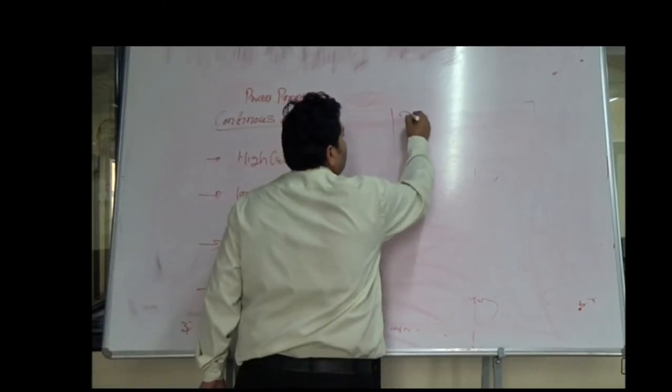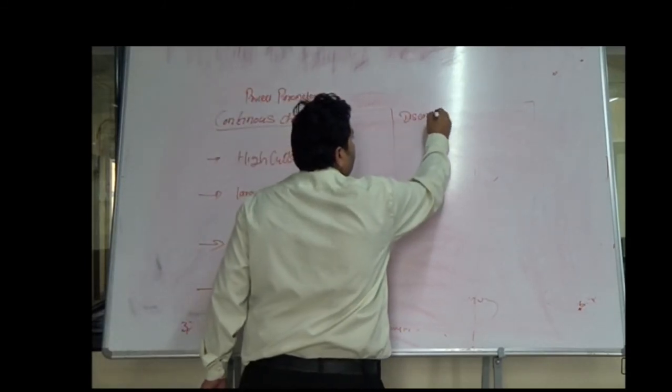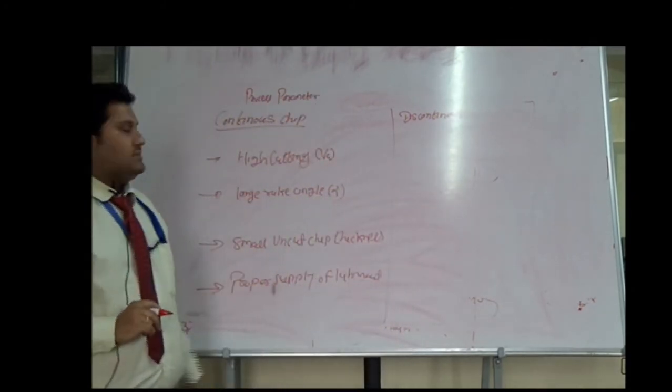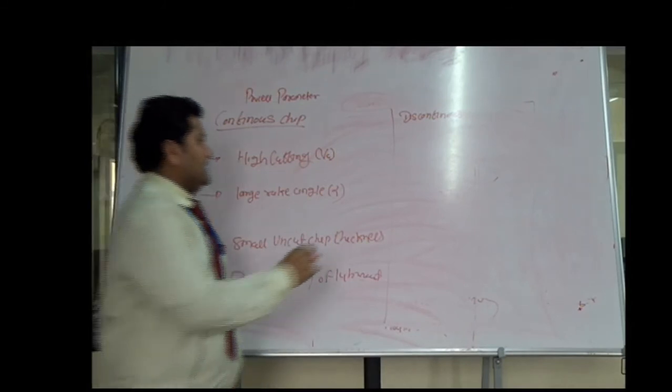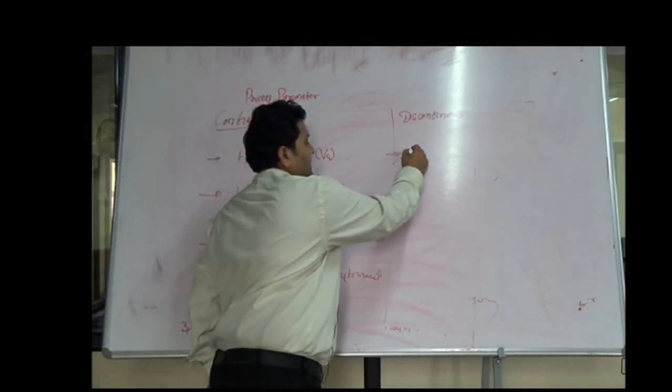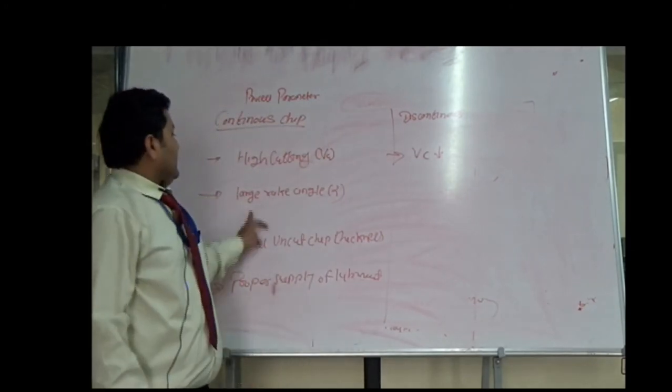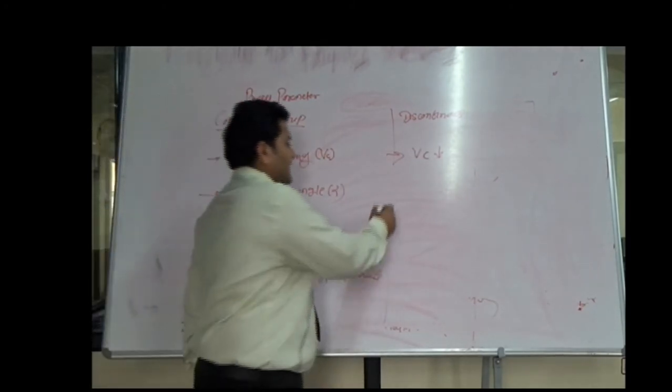Now you see the process parameters required for discontinuous chips. Similarly, the opposite: low cutting speed, that is VC is low. Then a small rake angle.